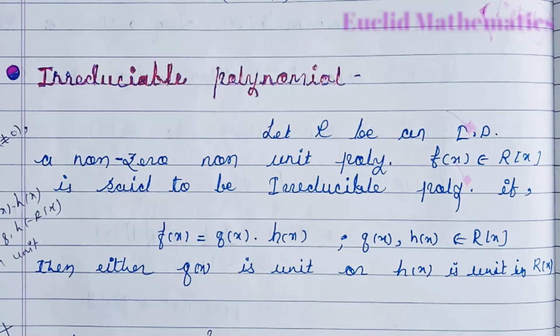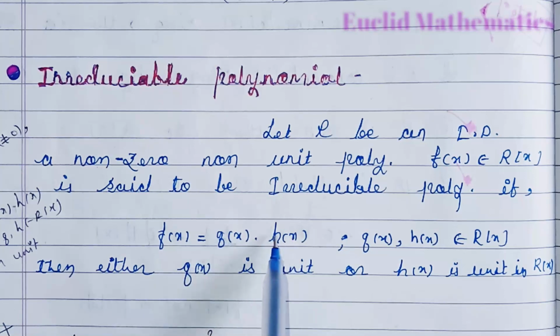So if we can factorize the polynomial within the ring, one of the factors has to be a unit element. This is quite easy to understand; once we solve examples, we will come to understand what is meant by irreducibility.